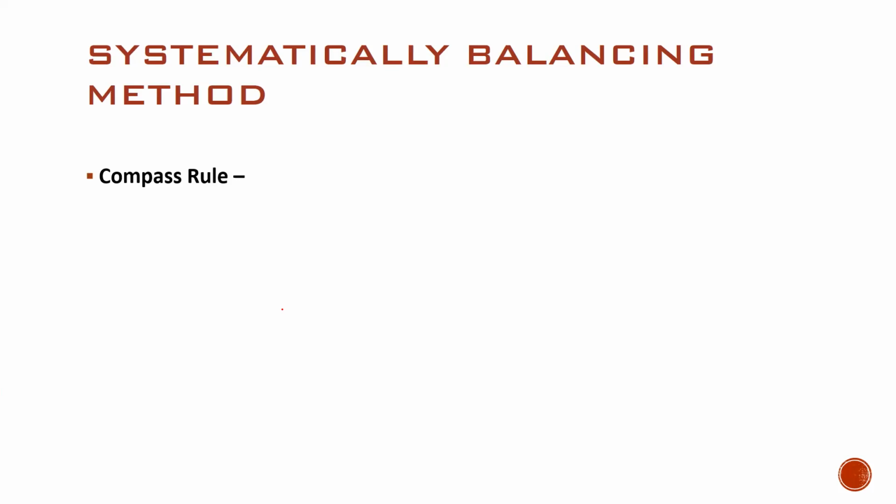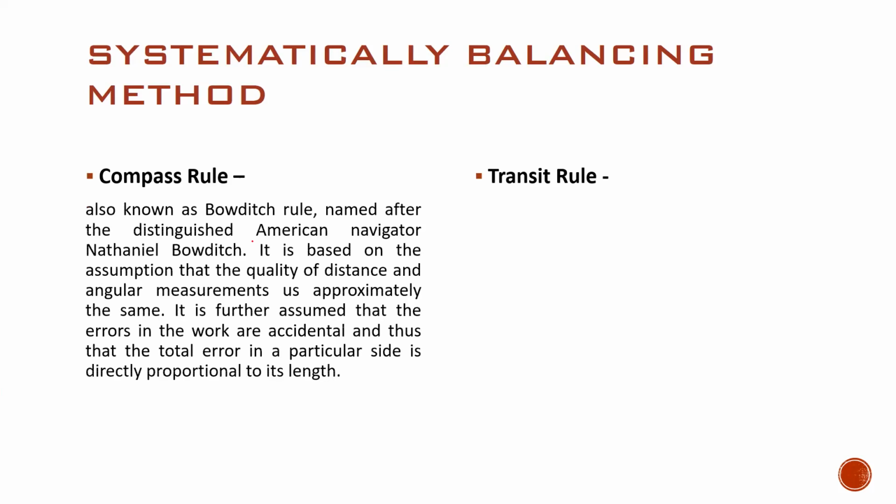Pwede rin naman natin siyang i-correct yung error natin by the use of graphical method and other methods. But meron tayong most common na ginagamit when doing a balancing of the traverse. One is the compass rule, and the other one is the transit rule.